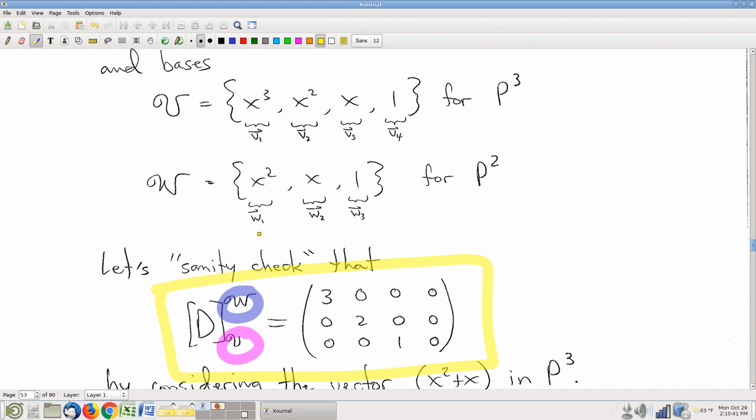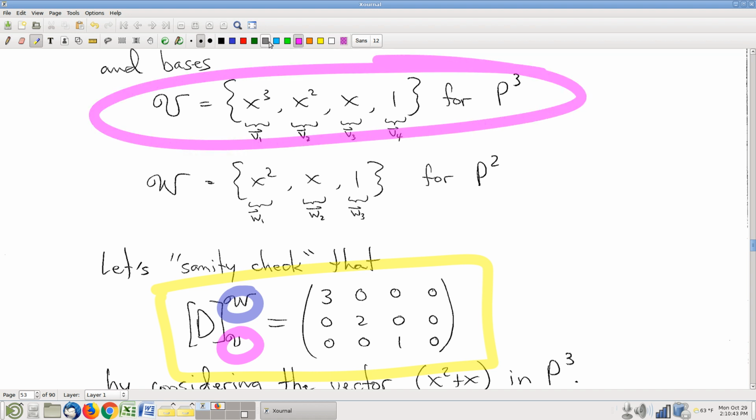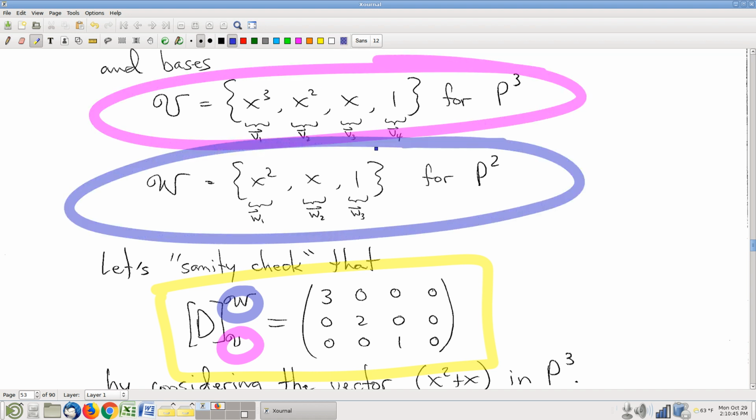Oh, by the way, real quick comment. Do be very careful with how you represent the bases. Notice that whatever is a basis for the domain is a subscript here, and whatever is a basis for the target is a superscript. That's non-negotiable. That's the notation we're going to use in Math 216. It's the book's choice.